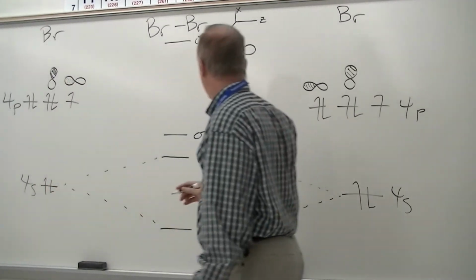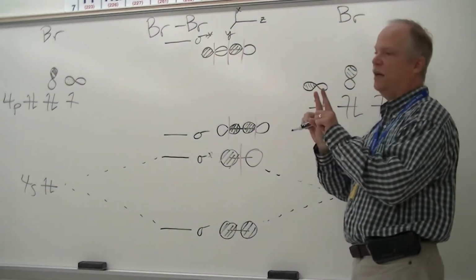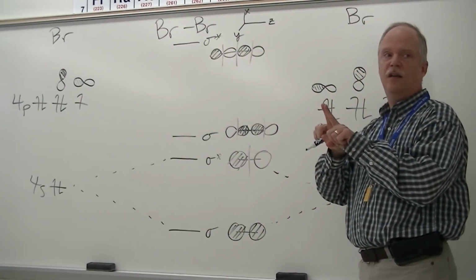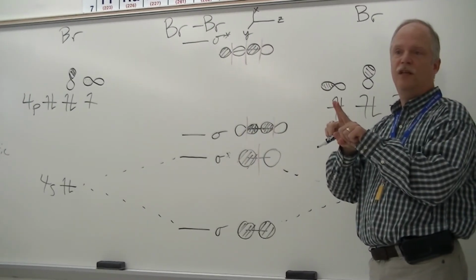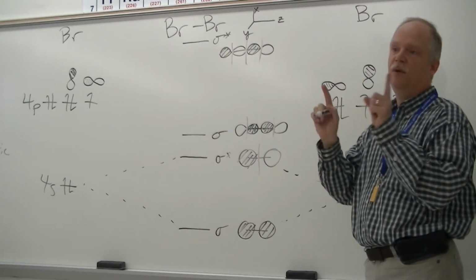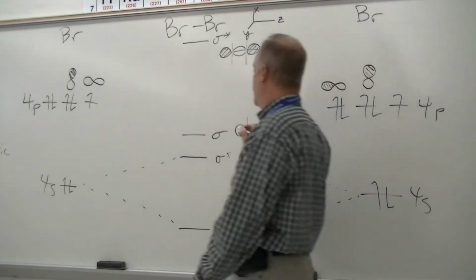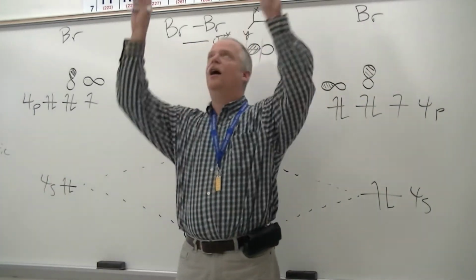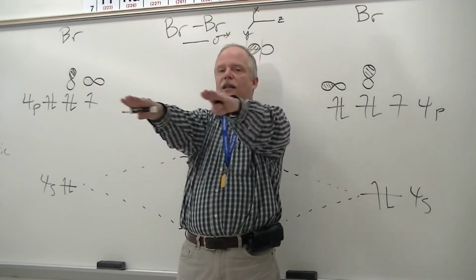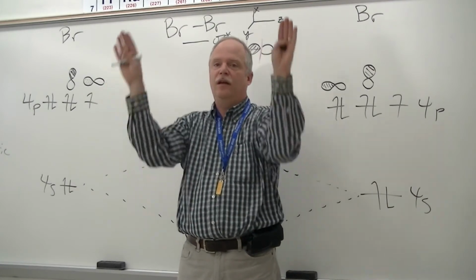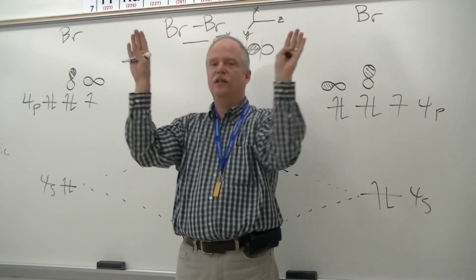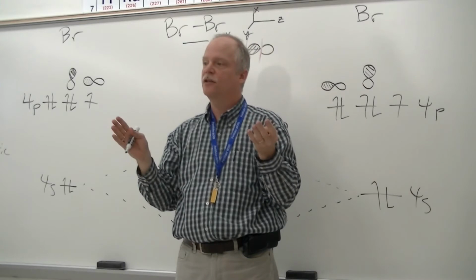And so if these come together on the side, then they can bond if they're in phase with each other, and they can have an antibonding if they're out of phase. Now, whether they bond up like this or out like that, it's the same overlap, it's the same curvature, it's the same interaction, so it's going to be the same energy.